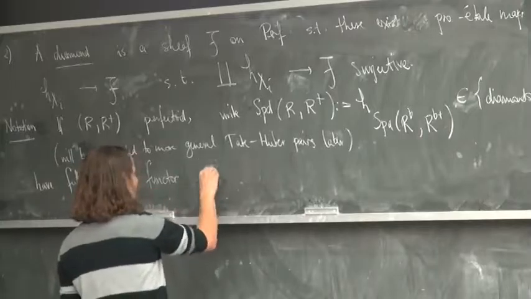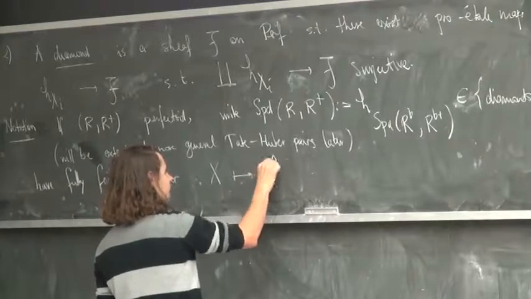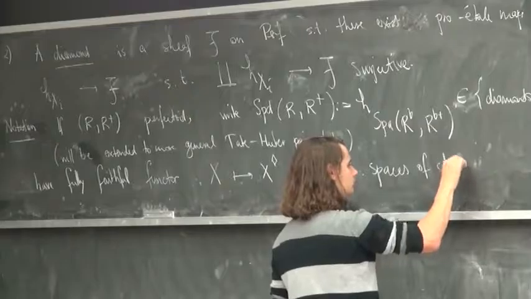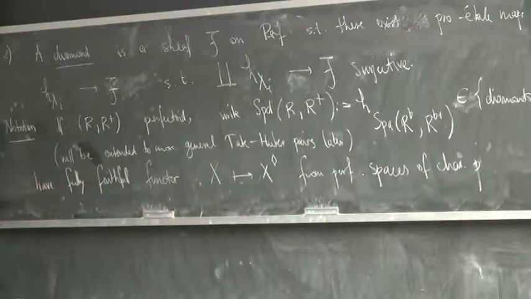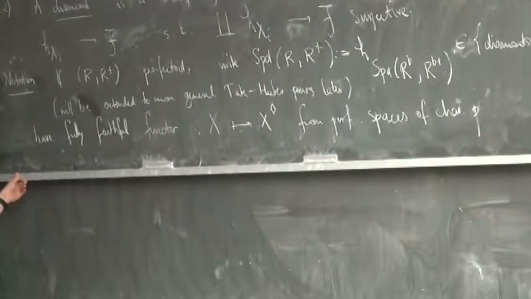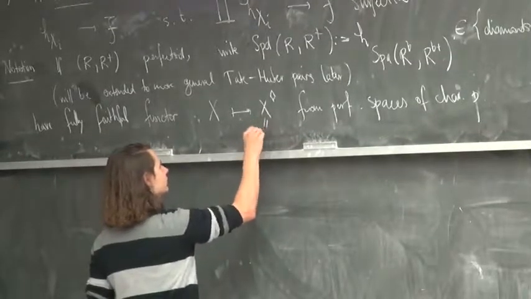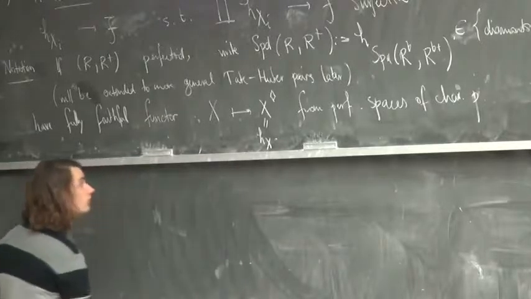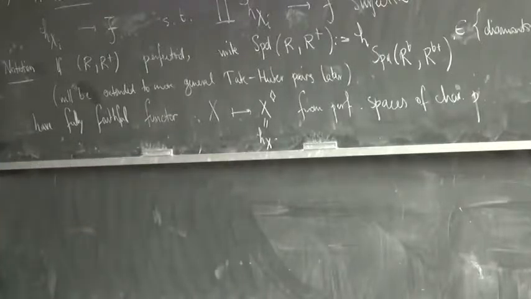So we have a fully faithful functor X maps to X diamond from perfectoid spaces of characteristic p. So X diamond is then just the functor represented by X. For the rest of my lecture, I wanted to discuss an example, the example I was already mentioning at the beginning of my lecture, of a diamond.